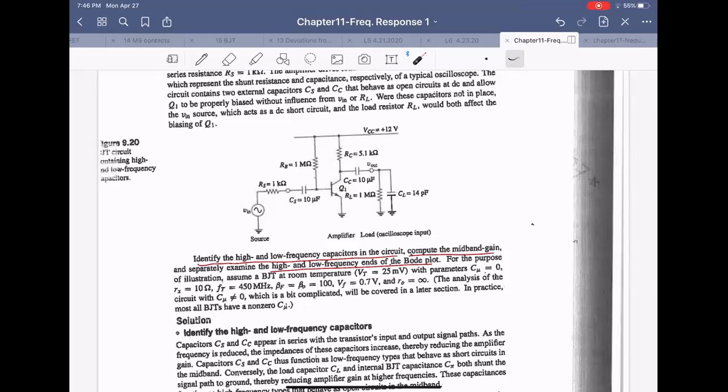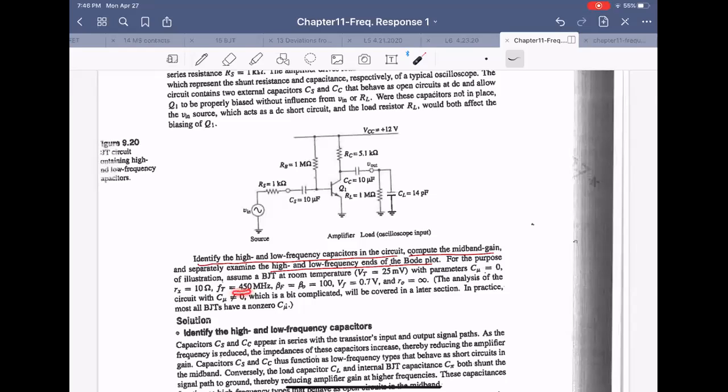Then let's make the high frequency and low frequency Bode plots and find the midband gain, the voltage gain at the midband. FT is given. FT is the unit gain frequency. The gain equals 1 at this frequency.